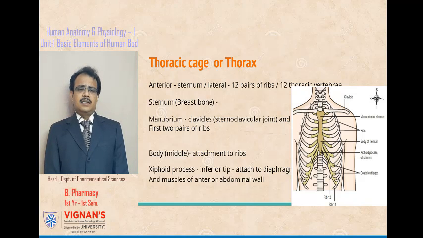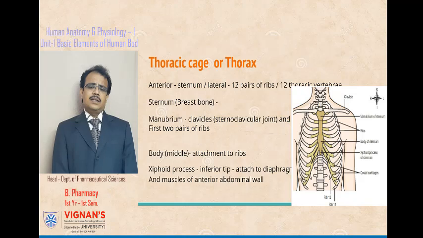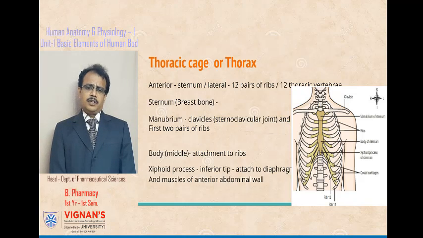That is, the head of the rib forms a joint with 2 adjacent facets of the vertebral bodies, and each rib also will form a joint with the transverse process of the vertebrae.